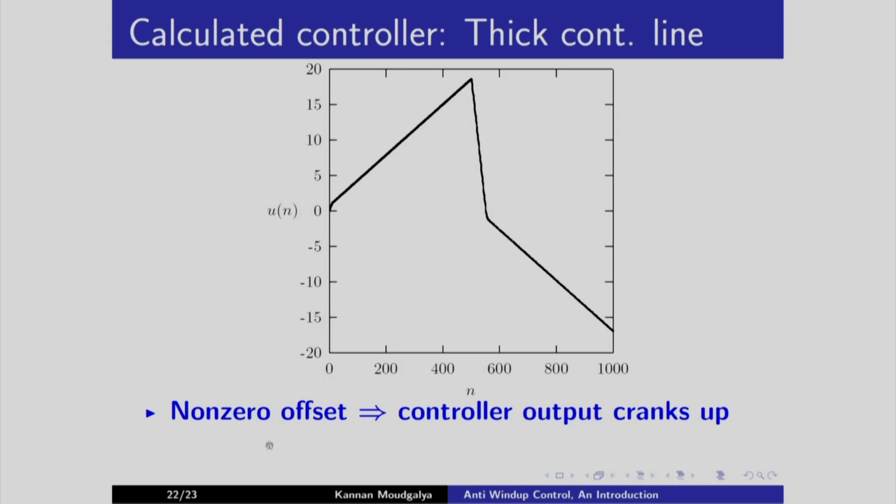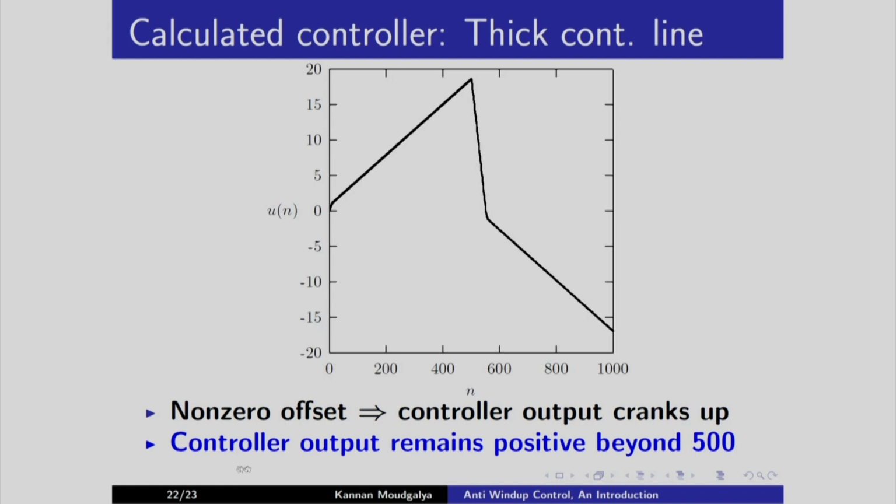As I mentioned earlier, the non-zero offset results in the controller output cranking up. The controller output remains positive beyond 500, in fact it changes only around 550 or so. Because it is positive, u sat remains positive, and hence y also remains positive beyond 500. So this is a serious problem.